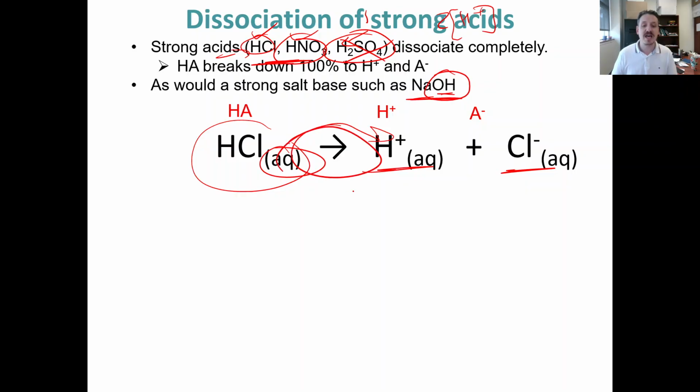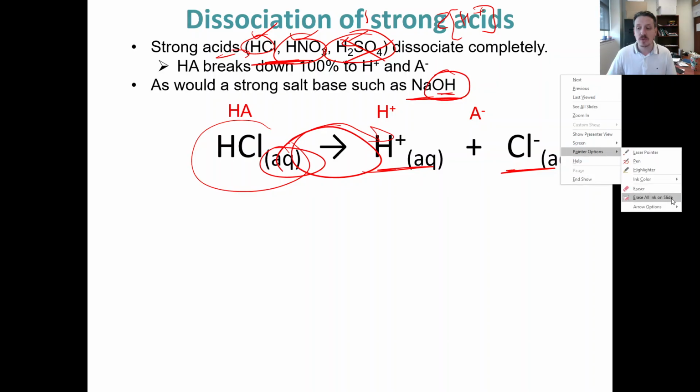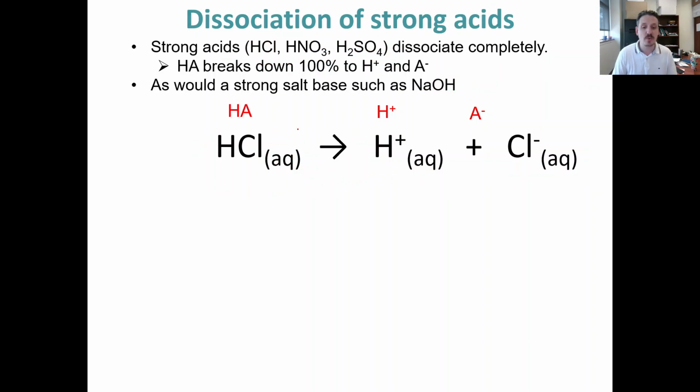And notice it's an arrow indicating that it breaks down 100%. Not partially. It's not one of those equilibria. It's 100% breaking down. And we call this HA because this is the H with the A, which we consider the conjugate base, to break it down to give you the H and the A separate, dissociated. That's just the shorthand reaction we use.